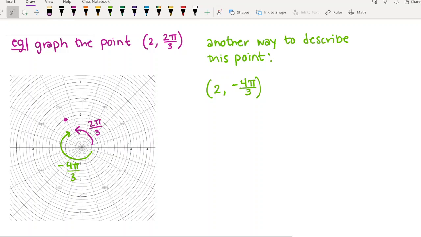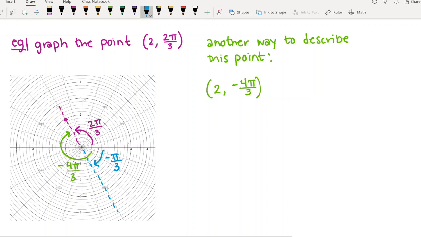But you can also find a way to do it with a negative radius. And this is a little trickier. If we wanted to write down our point with a negative radius, that would mean that instead of having the angle lie on this line, which is 2 pi over 3 or negative 4 pi over 3, we had the angle that was like this. There are multiple names for this angle, but one we could give it is negative pi over 3.